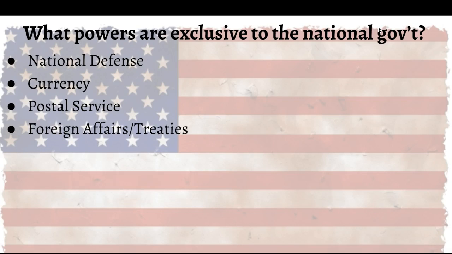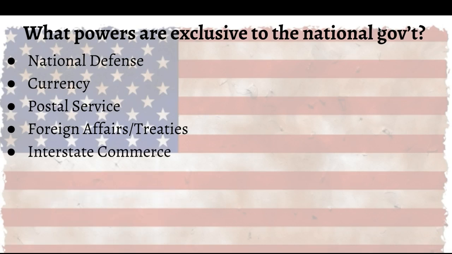Article 1, Section 10 forbids states to do this, thereby giving power to the national government. It says, quote, no state shall enter into any treaty, alliance, or confederation. States do not have the power to engage in treaty making or foreign policy on their own. This is something that has to be done at the national level.